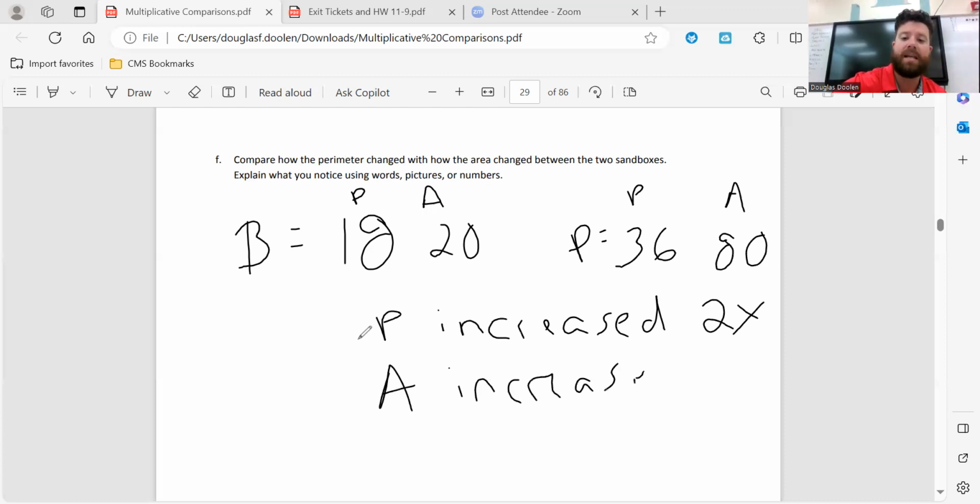How many times did the area increase from 20 to 80? 20, 40, 60, 80, 4 times. Very good. And that's how they compared. Our perimeter increased by 2 times, and our area increased 4 times. Sweet.